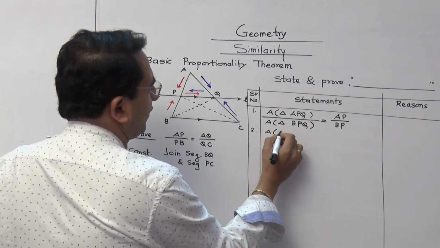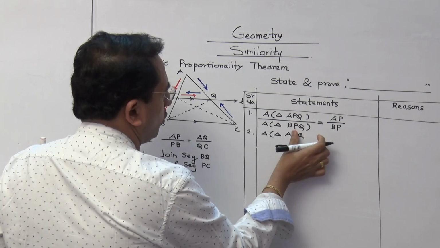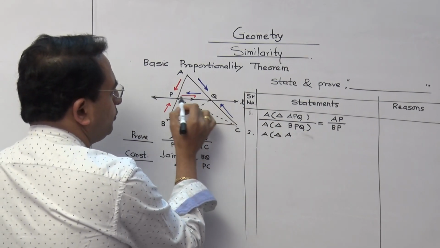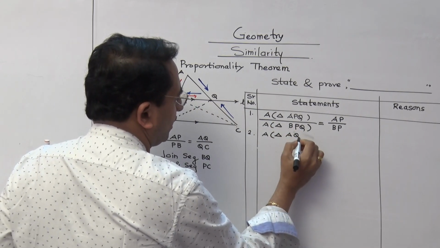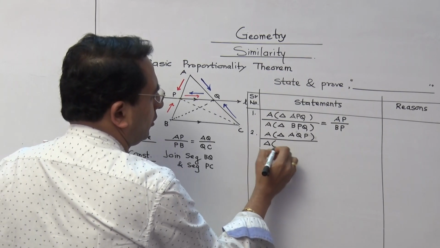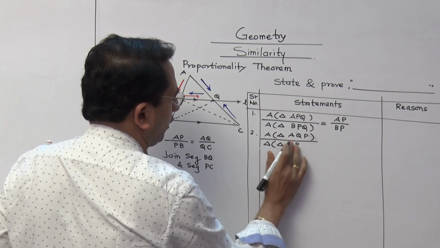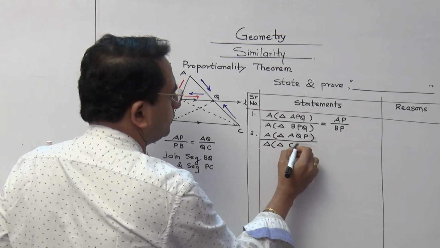Area of triangle AQP upon area of triangle CQP.